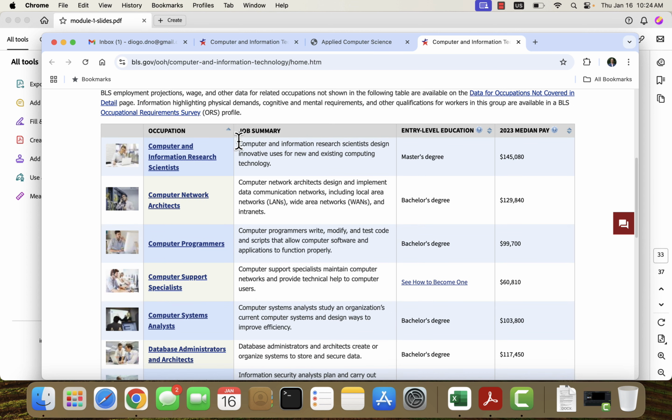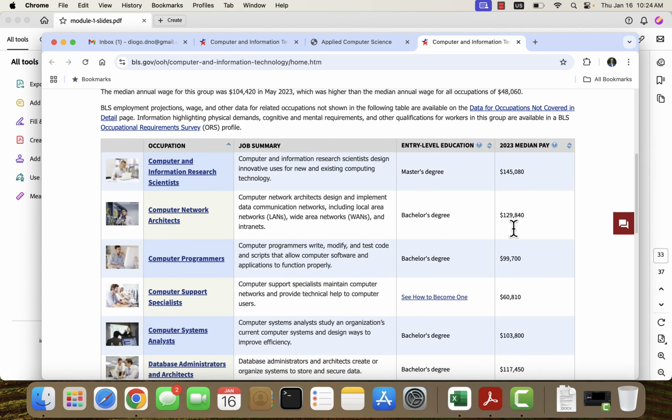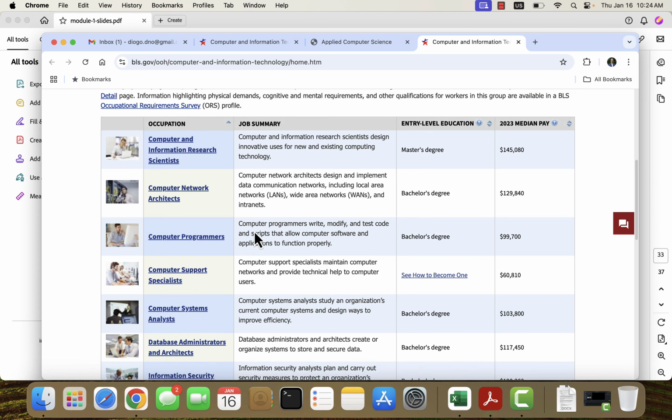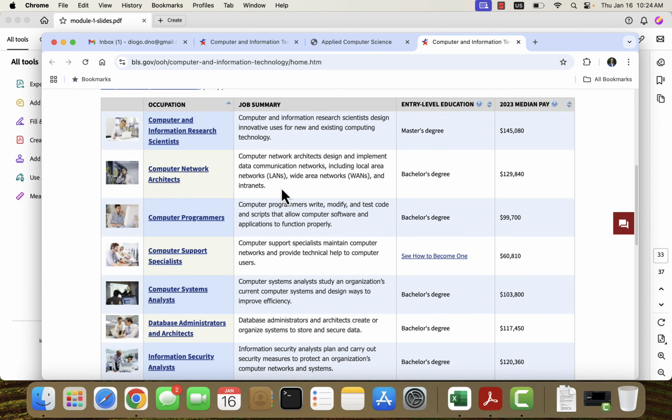I would recommend that you do that so that you understand some of the occupations that we have in computer science and information technology. You also have a median pay here. Maybe when you look at this, you might be attracted and decide to follow this career path, okay? But just out of curiosity, you can click here to gather more information about what that specific professional does, okay?